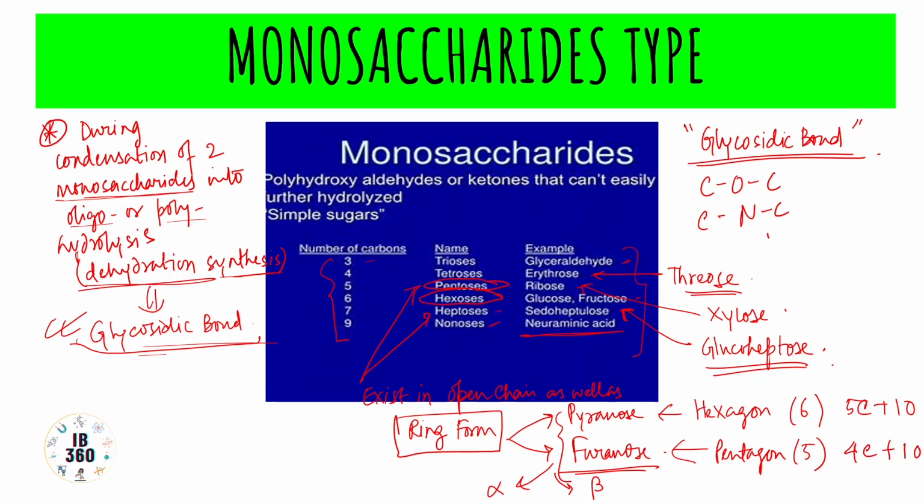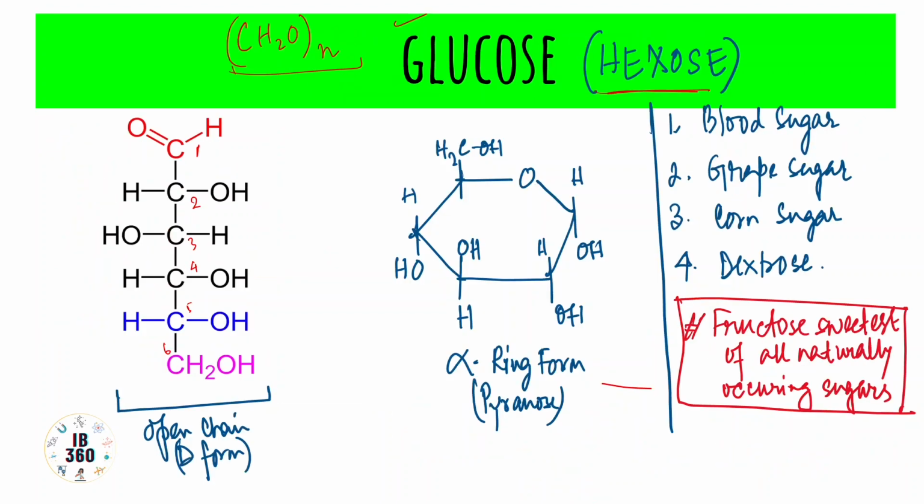Okay, like in this particular diagram you see the hydroxyl group which is nearer to the oxygen, that means this hydroxyl group, is written below, so this will be an alpha form, so that is why I have written alpha ring form. Pyranose obviously because it shows a ring structure which is a hexagon, because 6 sided, 1 2 3 4 5 6, and it has 5 carbon atoms and 1 oxygen atom.